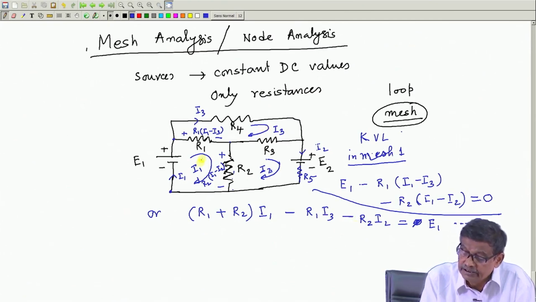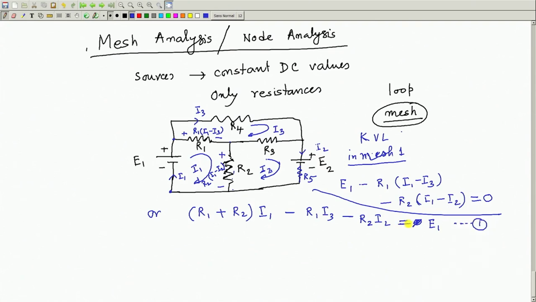Coefficient of I 3 is the common resistance present between mesh 3 and mesh 1, that will be minus R 1. That is equal to any sources present in this network.